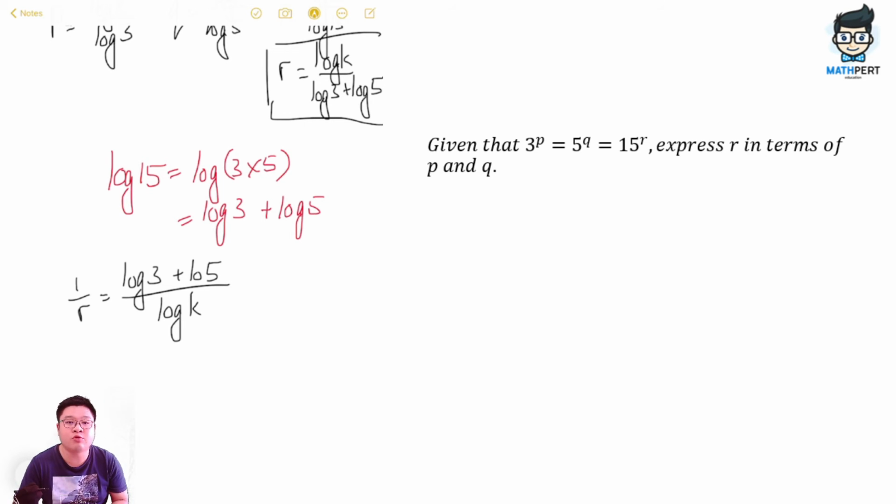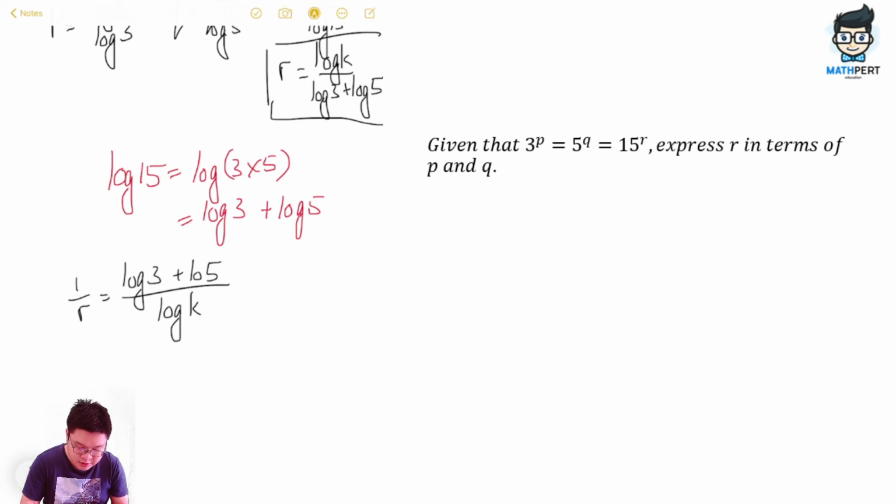So why do I need to turn it upside down? It is because the original one, the one in the black color box, in the denominator we have log 3 plus log 5, so we can't really separate it. So if we turn it upside down, the denominator is only left with log k.